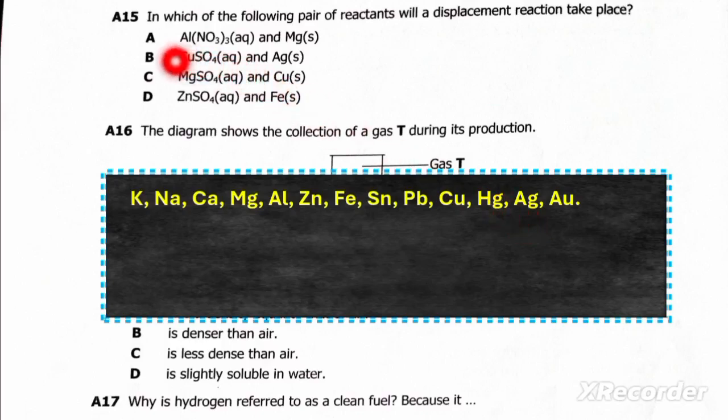We come to A. Here we have aluminium and magnesium. Magnesium should be more reactive than aluminium. Yes, it is true. So this is where displacement reaction will take place. Our correct answer is A.